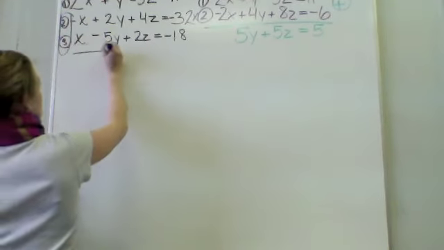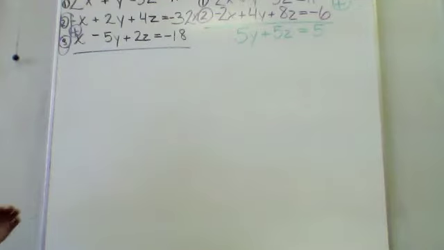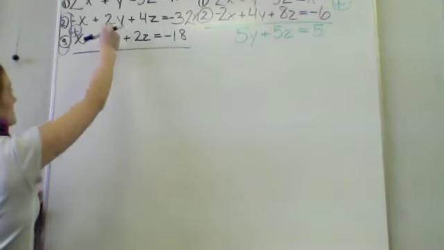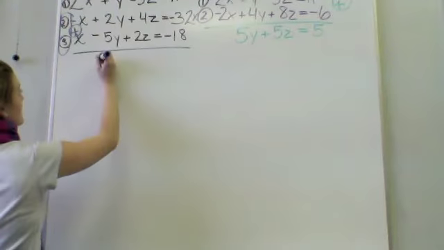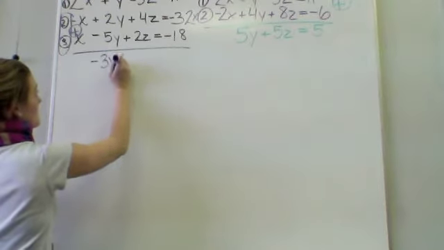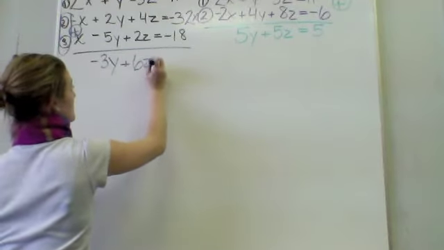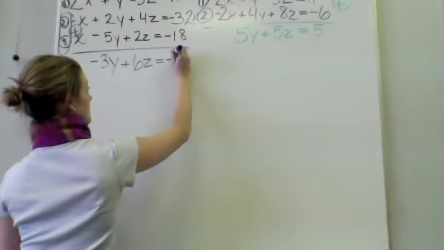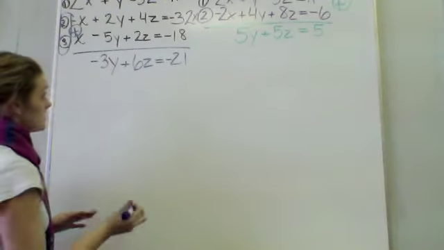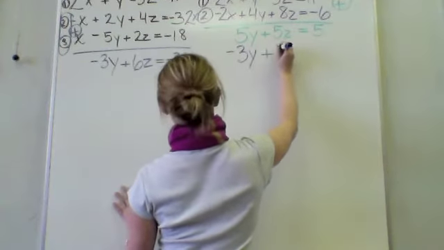If I add them, negative x plus x will go away. 2y minus 5y, because I'm really adding negative 5, is going to be negative 3y. 4z plus 2z will be 6z. And negative 3 plus negative 18 will give me negative 21. So now I'm just going to move it over here so it's easier for me to deal with these two systems together.